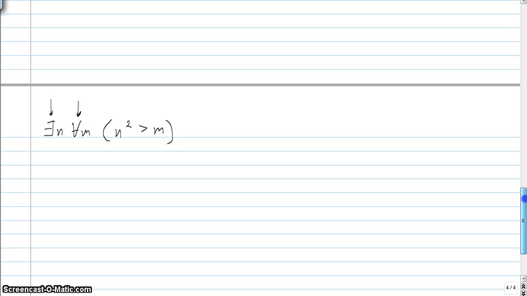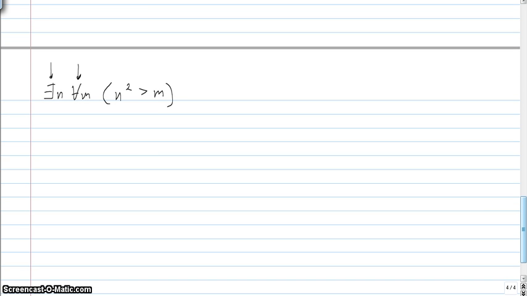So the existential and universal quantifiers are switched. It's going to change the statement and possibly the truth value. So does there exist some integer n so that when I square it, it's greater than all integers m?